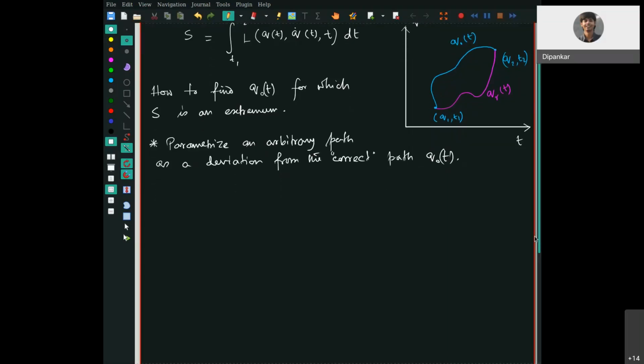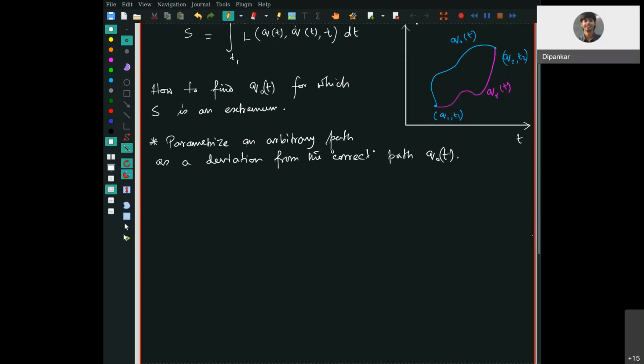So in a sense, what I mean is that if you are given any arbitrary path q(t), I will denote it as q0(t) plus alpha, where alpha is a parameter, like a number, times eta(t). So this eta(t) is an arbitrary function of t.